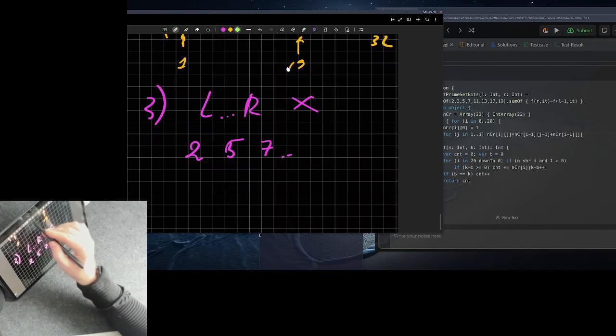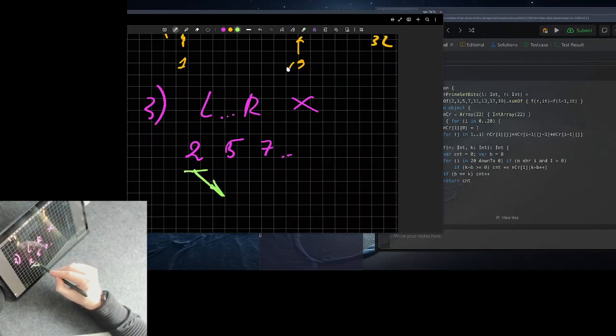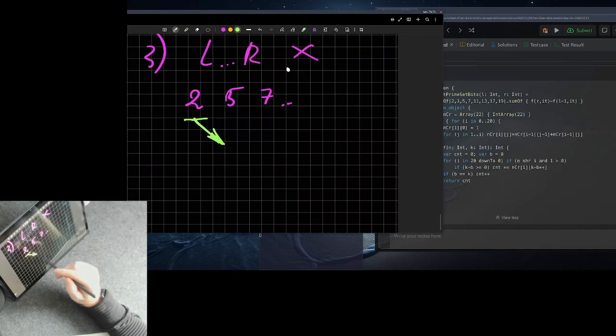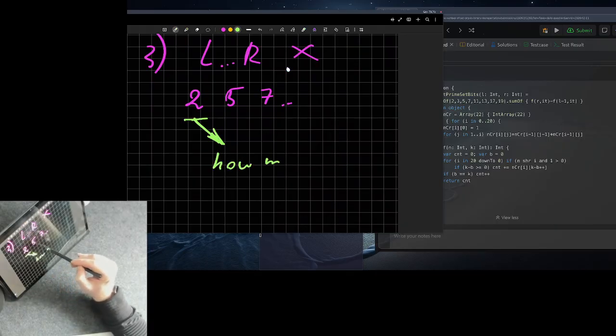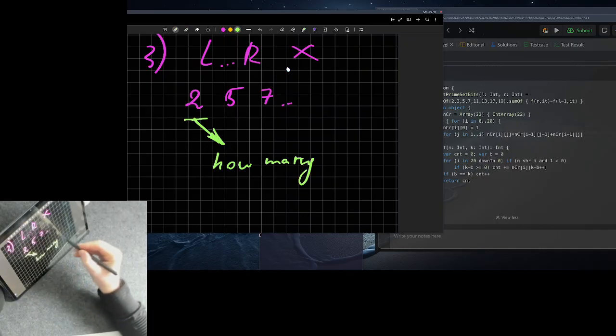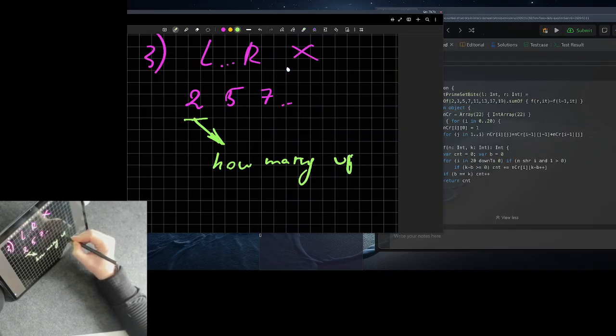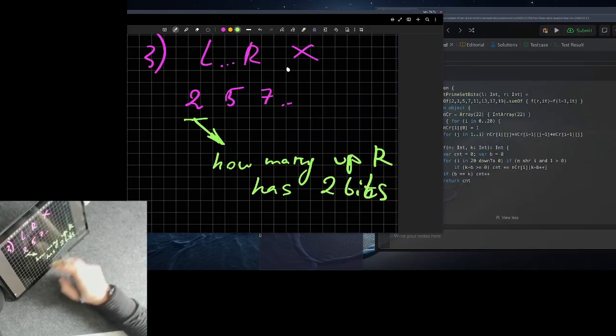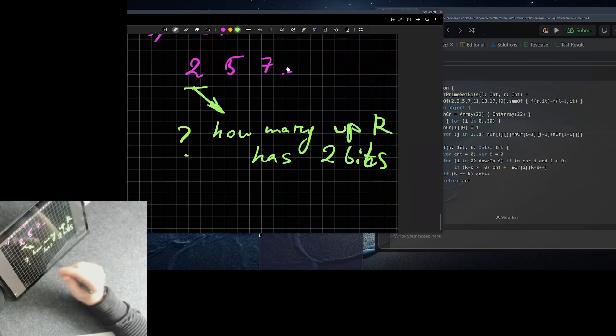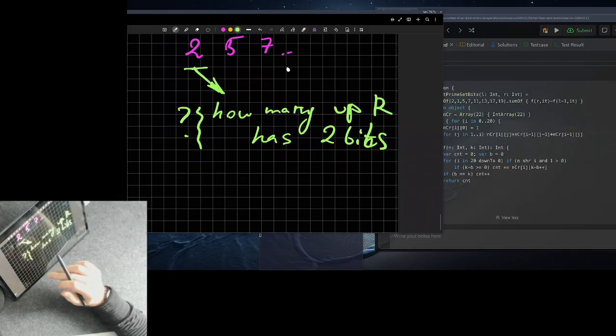And each prime is a separate task. So, for example, how many numbers up to right have exactly 2 bits. So this is a different problem, and it has an optimal solution.